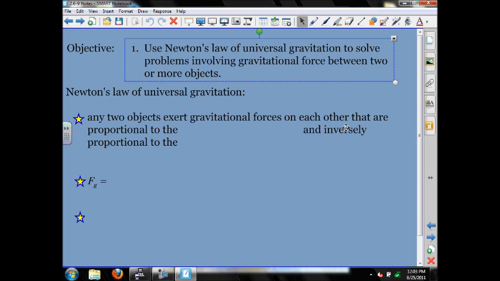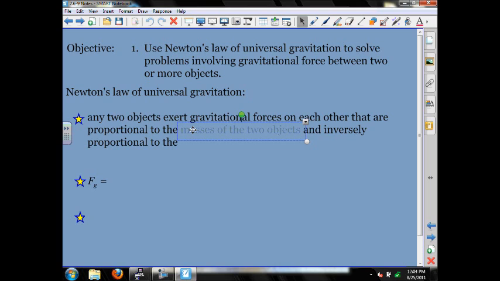Yeah, kind of everything does. Any two objects that have mass are going to exert forces on one another. All right. So any two objects exert gravitational forces on each other that are proportional to what? Proportional to, the two forces will be equal to each other, yes.